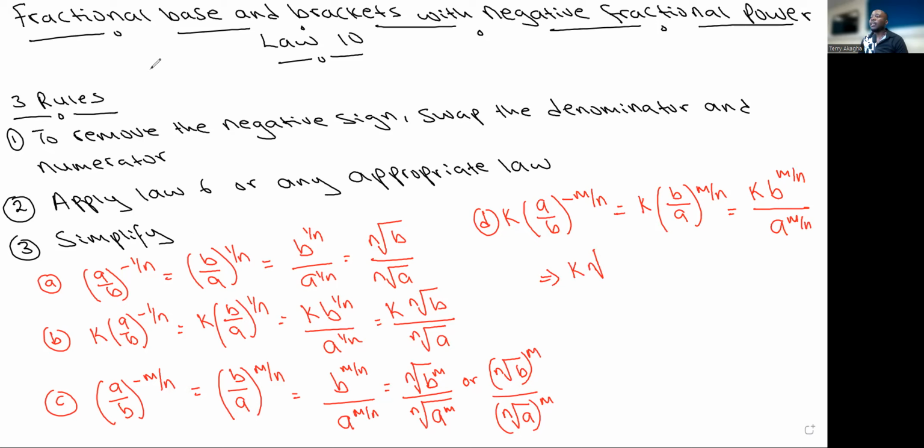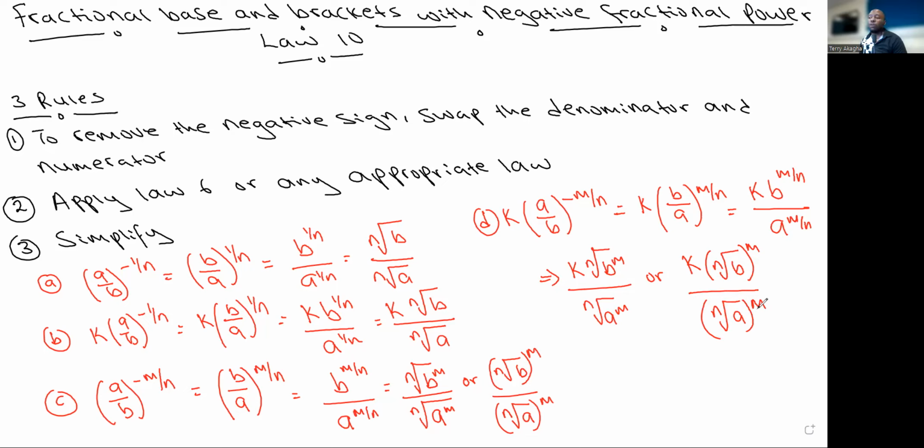Let me write this clearly. It's going to be k, the nth root of b to the power m divided by the nth root of a to the power m, or k, the nth root of b all raised to the power m divided by the nth root of a all raised to the power m. All right, so that is that.